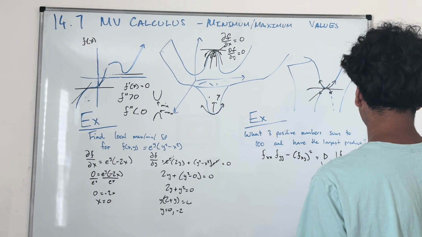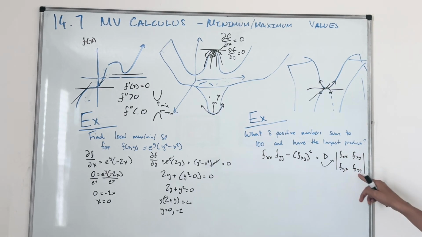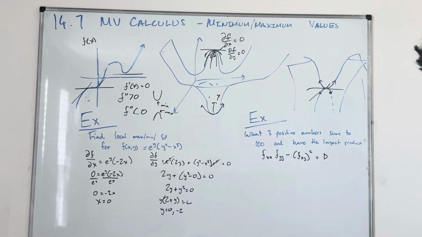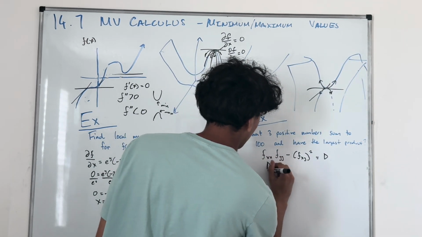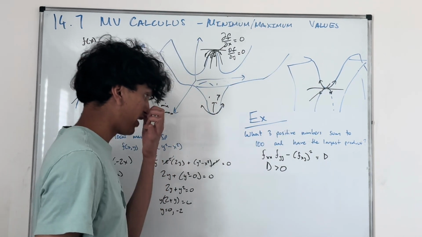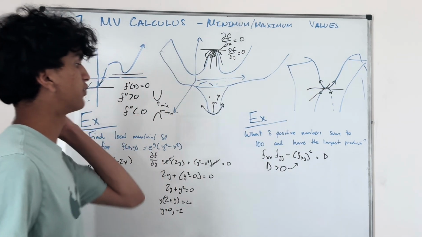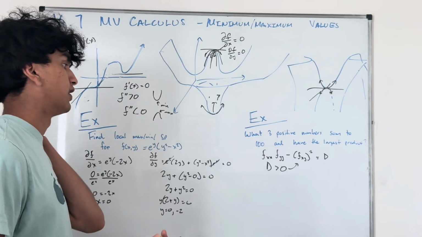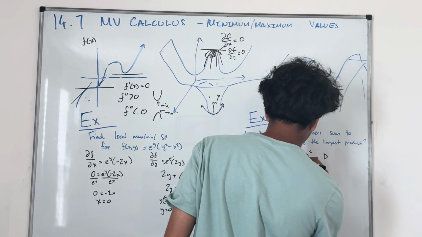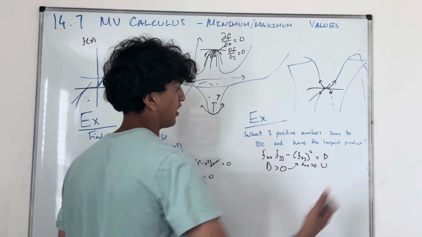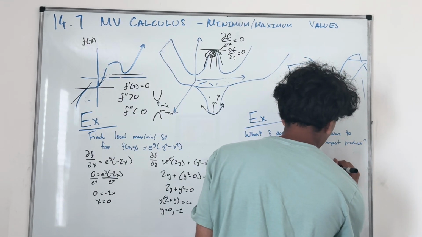If you were to actually compute this determinant, it's f_xx times f_yy minus, since the mixed partials are the same thing most of the time, f_xy squared. That's a way to remember it, but I'm going to talk about the intuition of this in a second. The point is, when D is greater than 0, and f_xx is greater than 0, it's concave up, so there's going to be a minimum.